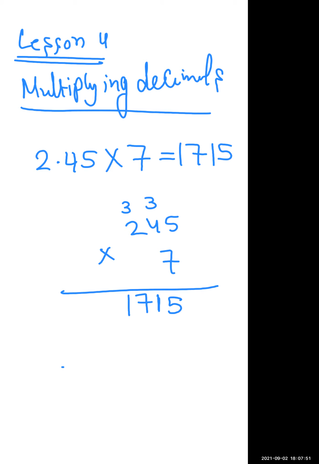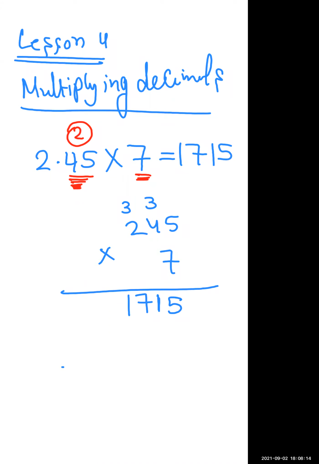Here, guys, in this number, how many decimal places do we have? Actually, 2. Right? What about the next number? 0 decimal. We don't have a decimal point, right? So here only 2 decimal places.